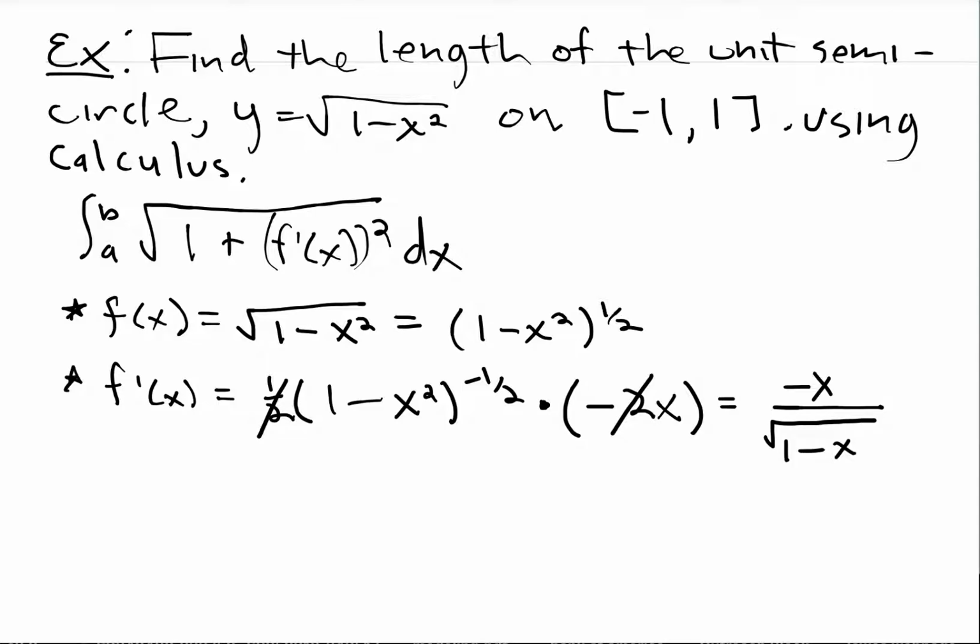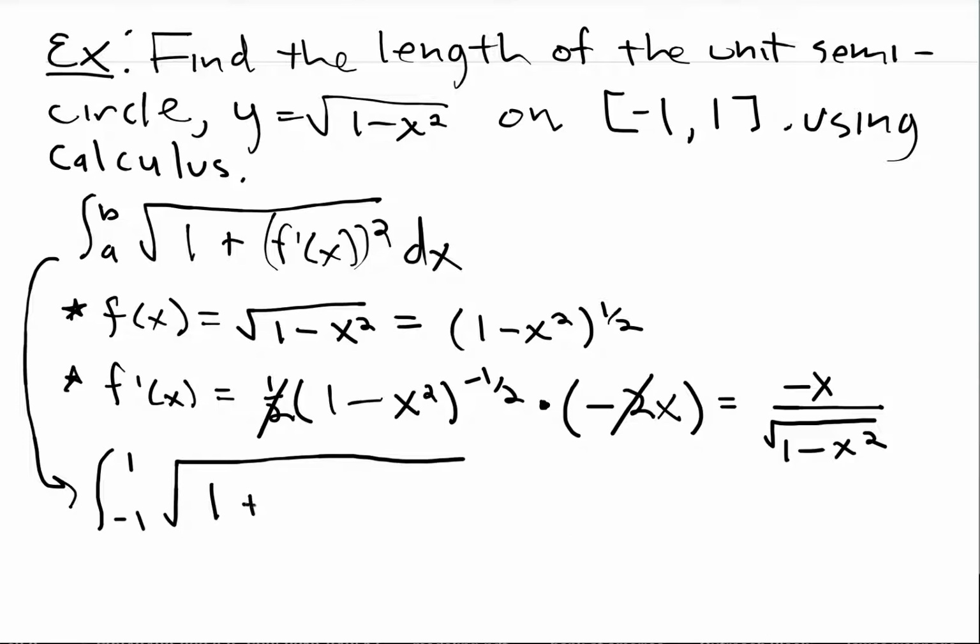So this is how we clean up that expression and write it a little bit more compactly. Okay? Now, that is my derivative that goes into my integral formula. I said just use whatever bounds they give you, and substitute in the derivative that we found. Do not forget to square that derivative.